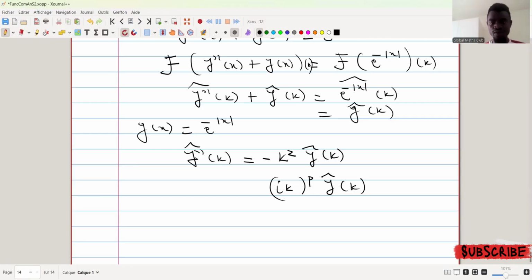So when p equals 2, you just replace p by 2 here. You have i squared, which is minus 1, and you have k, which is k squared. I hope that you understood. So this is a very simple formula.